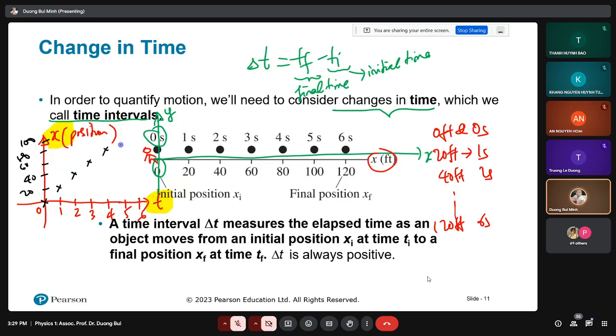And 5 seconds, 100 feet, and 120. Very lucky, because this one is a linear relationship between position versus times. I hope you enjoy it. Any questions so far?